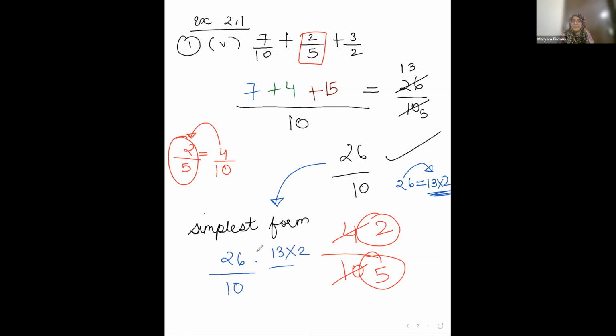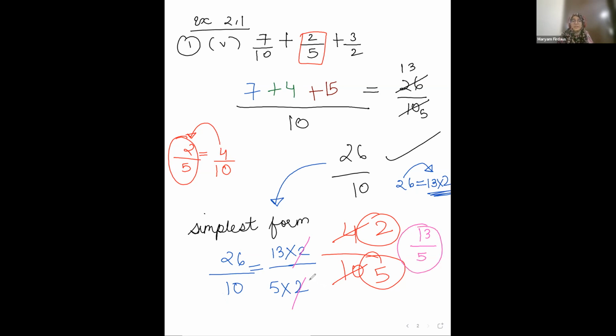The same thing, instead of 10, I am writing 5 multiplied by 2, because 10 is equal to 5 multiplied by 2. Is that okay? So now this 2 and this 2 get cancelled, and in the end you have 13 by 5 remaining.